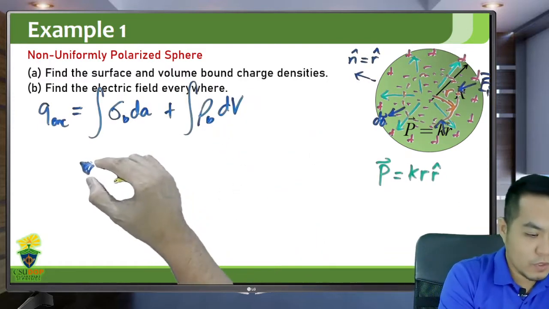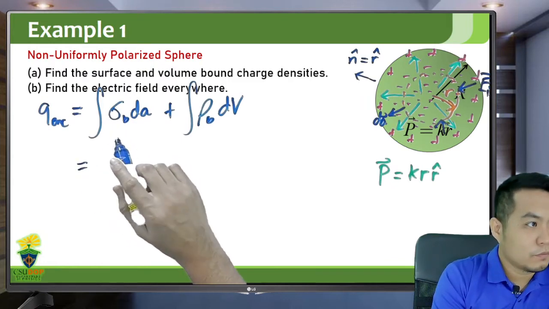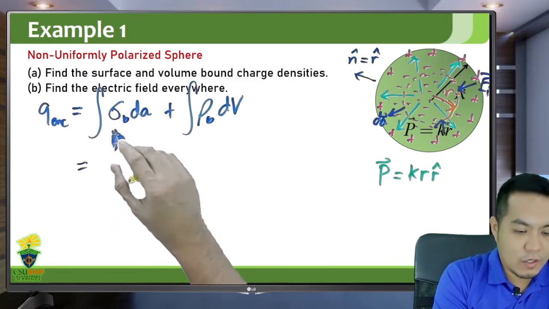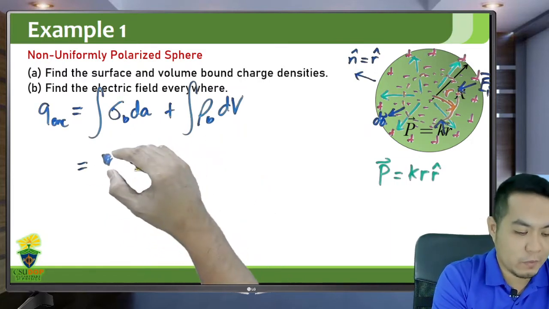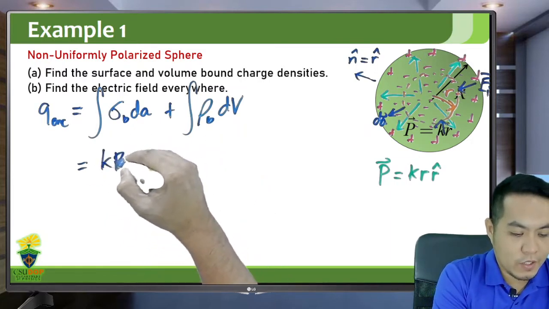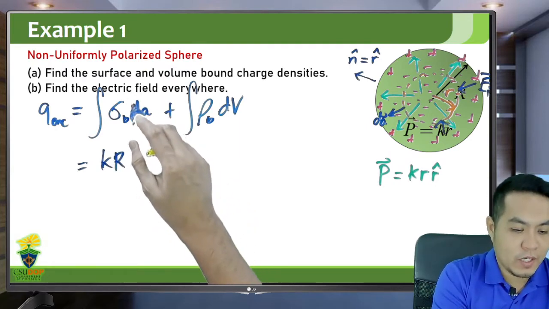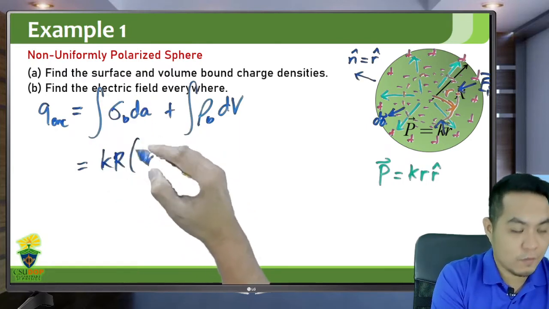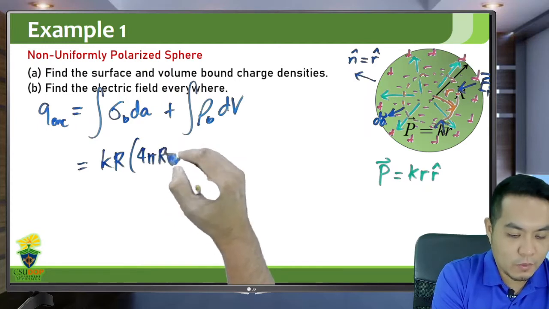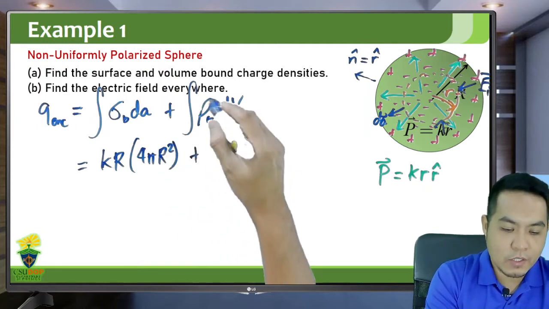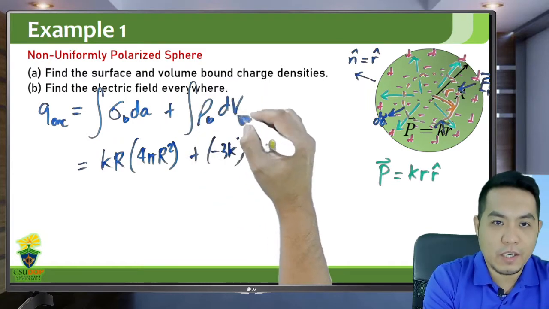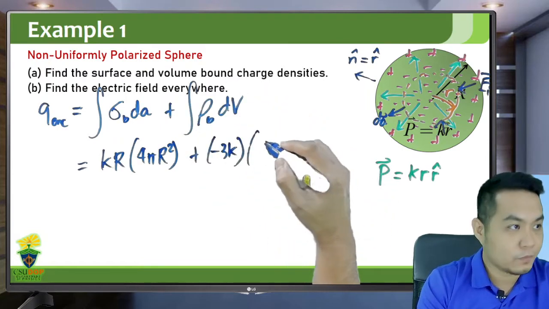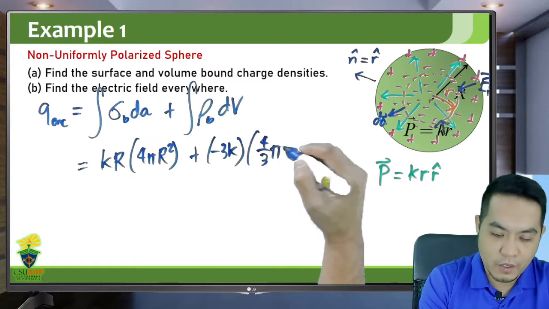These two are essentially constant. The bound charge densities are constant, and we have obtained them before. The surface charge density is just Kr, meaning the integral of dA is just 4 pi r squared. The volume density is also constant, negative 3K, meaning the integral of dV is the total volume of the sphere, 4/3 pi r cubed.